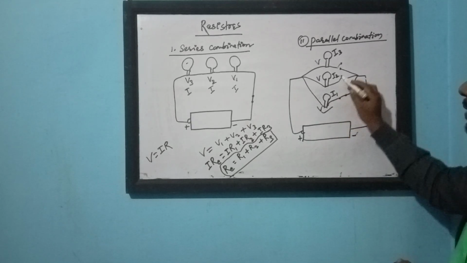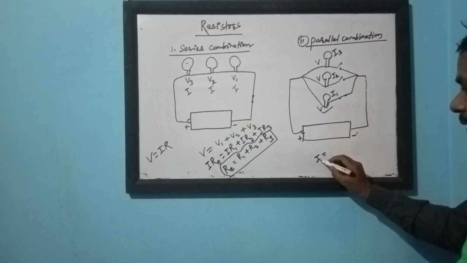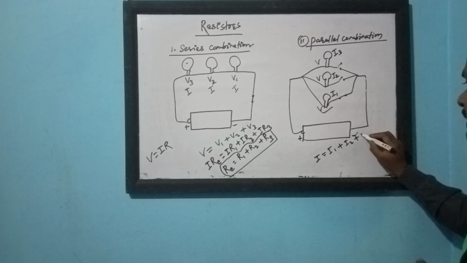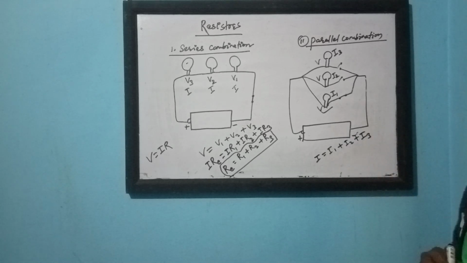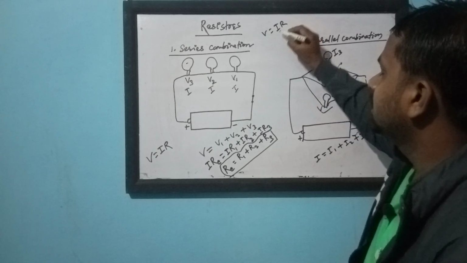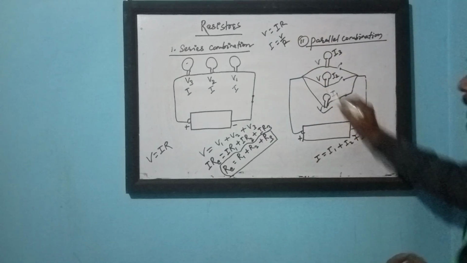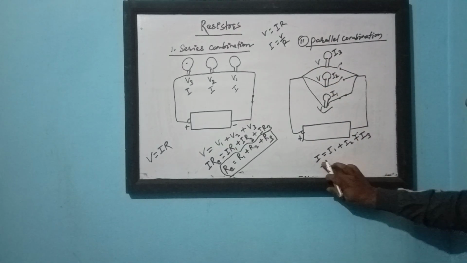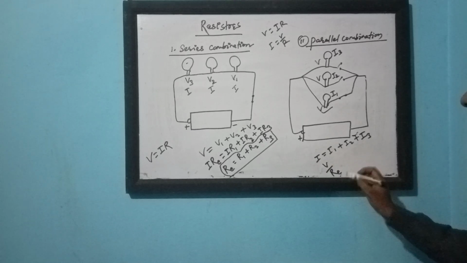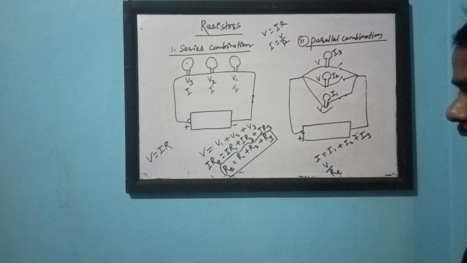Here the value of I is changing, so we can write I, the equivalent current, is equal to I1 plus I2 plus I3, and from Ohm's law, V is equal to IR, so I is equal to V by R. At the place of I we can write V by RE, where RE represents equivalent resistance throughout the circuit.